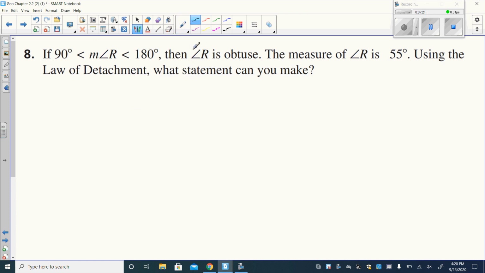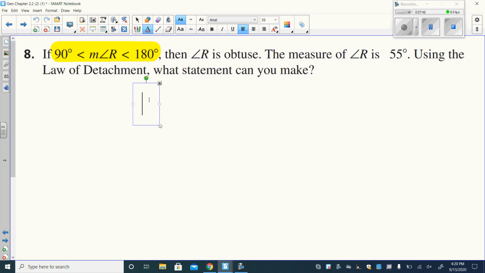Same problem, except R is 55 degrees. Well, is 55 degrees between 90 and 180? Well, no. The hypothesis, this right here, R is not between 90 and 180.